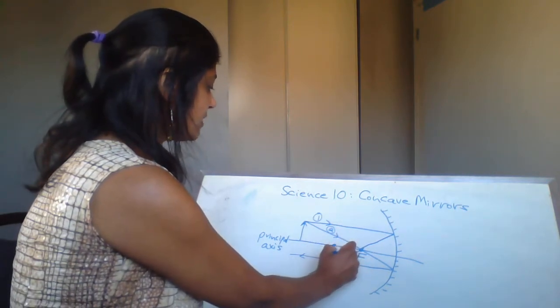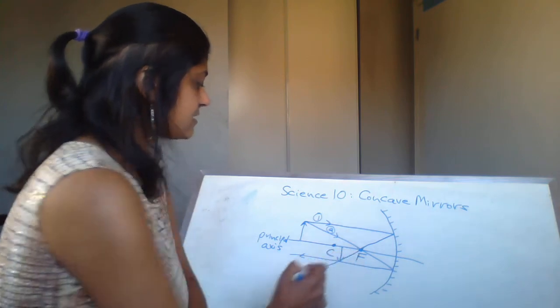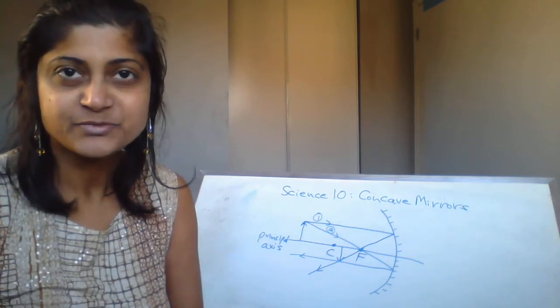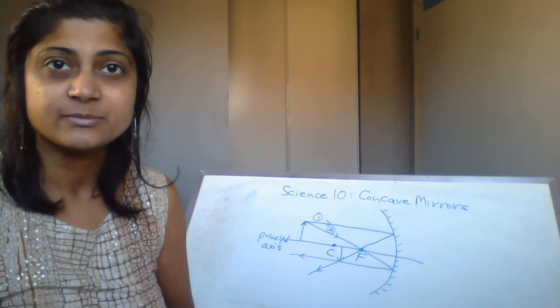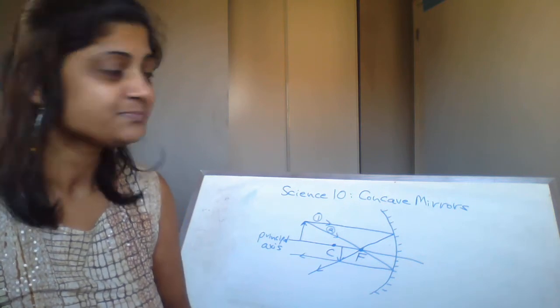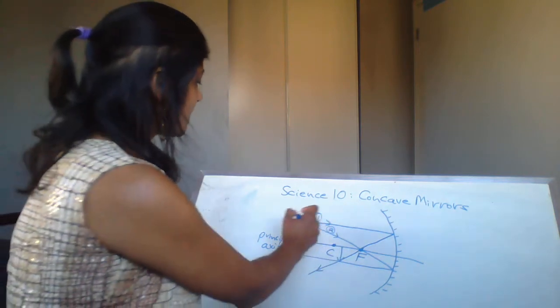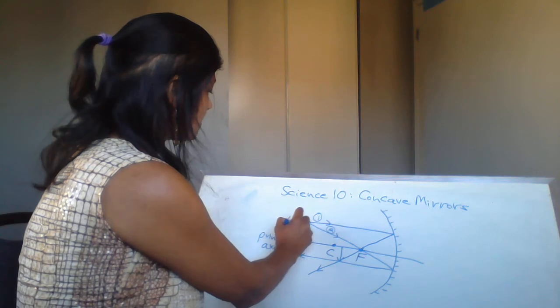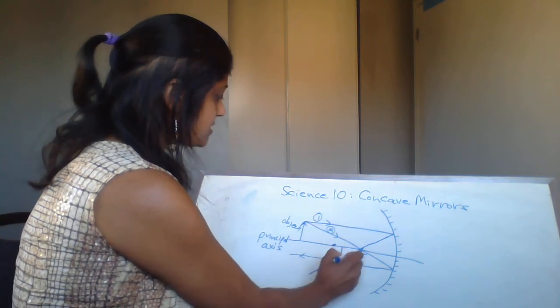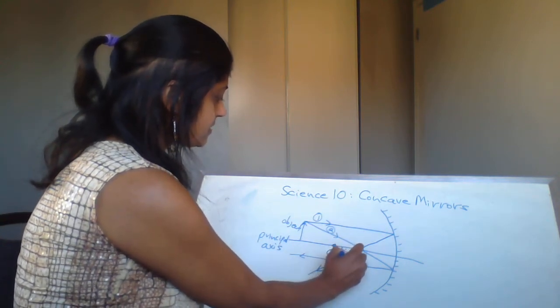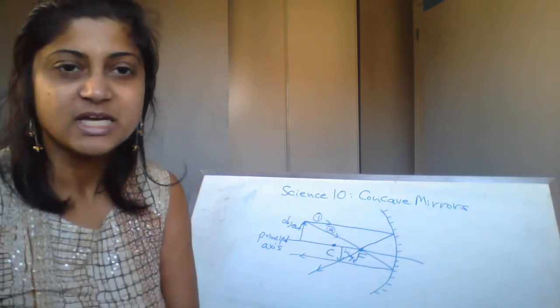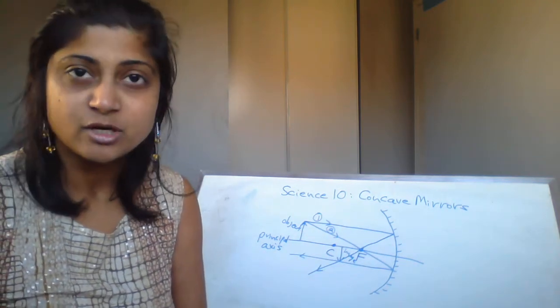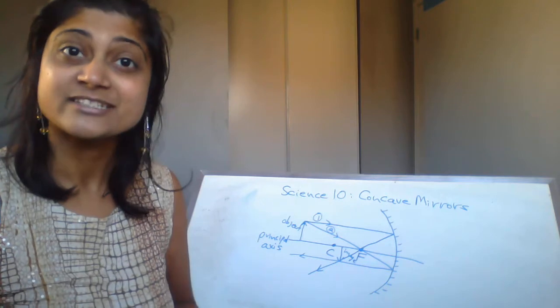Where you see the reflected rays intersecting each other, that's where the image is going to form. I'm going to put object here. This is the object, and right here, this is the image that's forming. This is the image of the arrow. I can see that it is upside down here.